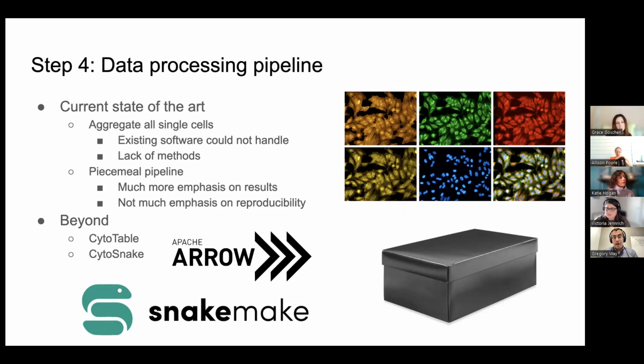But the reason why people haven't used this, and this is common in industry and in academia, is that existing software just can't handle it. And there don't exist methods to analyze single cell data. So we're actively developing two tools right now called CytoTable and CytoSnake, which are going to enable single cell analysis and also enable reproducible analysis.